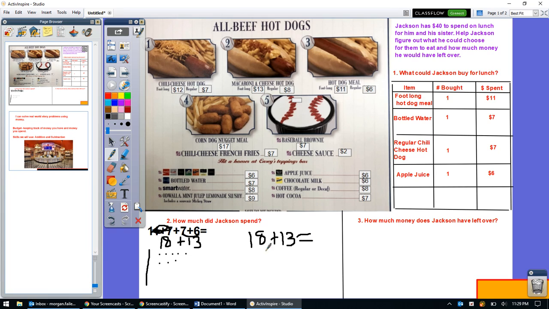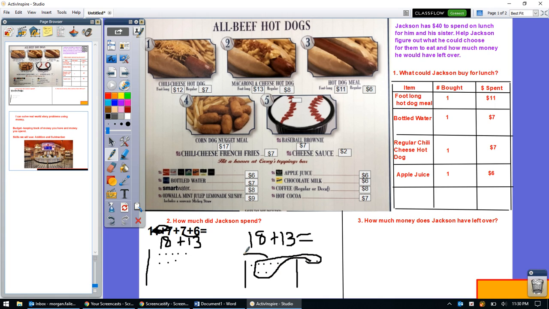I'm going to use my base 10 blocks for this. I have 1 ten and 1, 2, 3, 4, 5, 6, 7, 8 ones. And then over here I have 1 ten and 3 ones. My first step is to add the ones. So I have 8, 9, 10, 11. I know that with 11 ones I can regroup 10 of them.